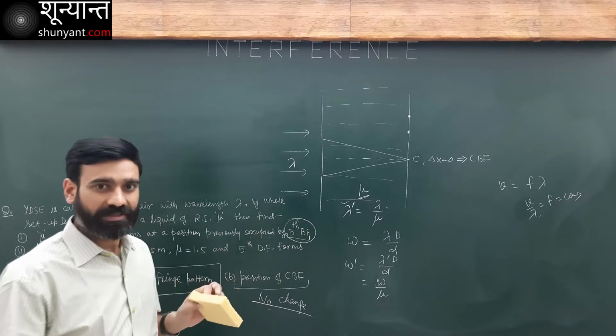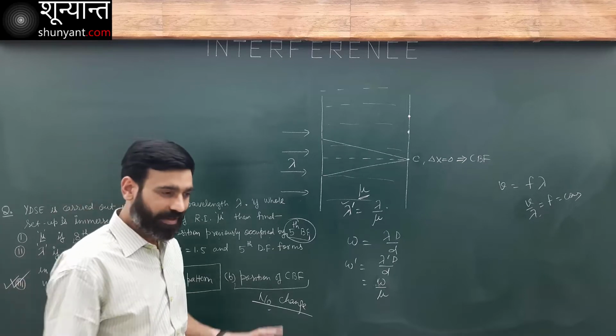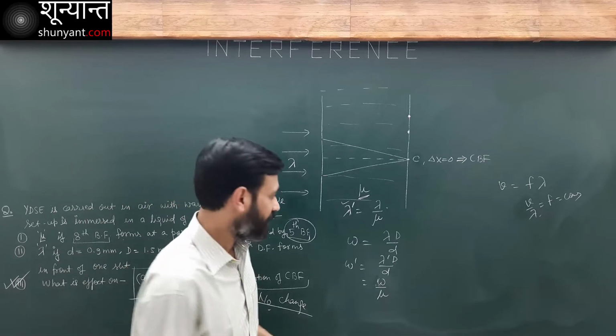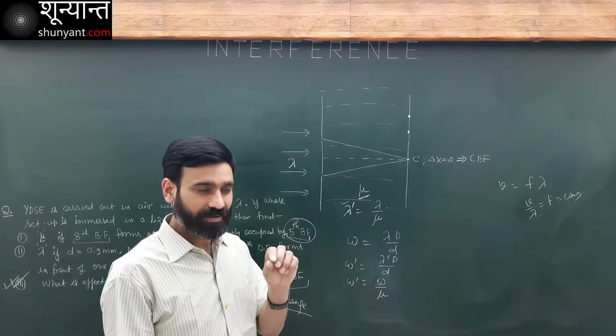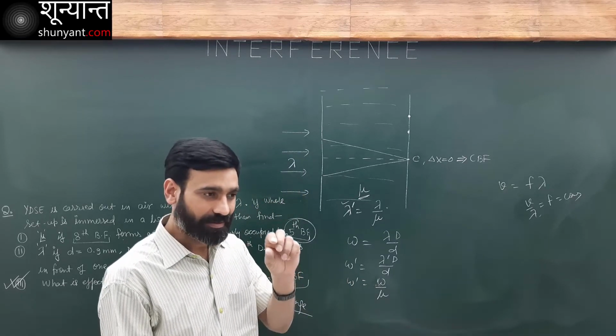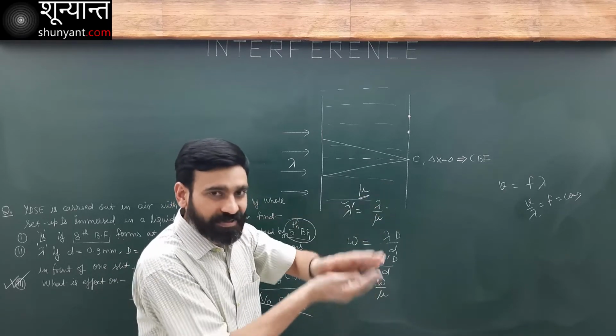Now the same position is occupied by the eighth bright fringe. Why has this happened? It is because beta dash has changed. Fringe width has decreased. In the same length, now more fringes will be packed.